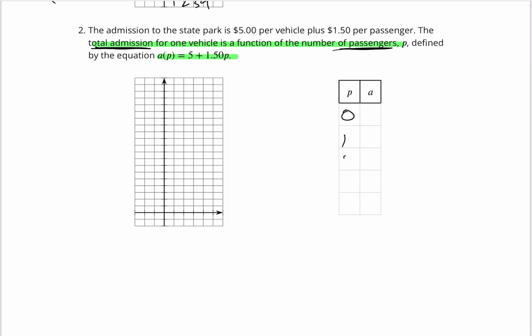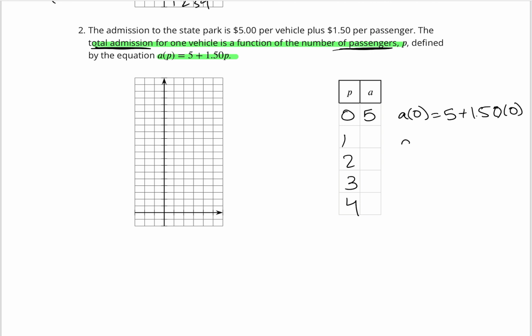Again, I'm going to pick some easy inputs. And if I were to plug in these values, it's gonna cost $5 plus $1.50 per person. So it wouldn't be possible to have a vehicle of 0 people traveling through the park, but if you did have a vehicle of 0 people, the base cost for any vehicle is $5. 5 plus $1.50 times 0 would be just $5.